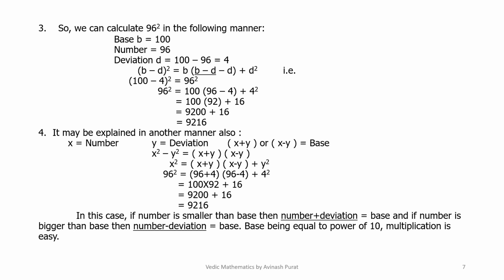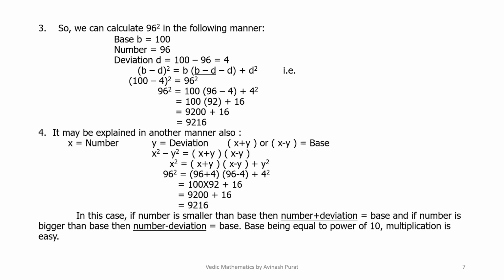It may be explained in another manner also. X is the number, y is the deviation, so x plus y or x minus y is the base. x² − y² equals (x + y) multiplied by (x − y). So x² equals (x + y) multiplied by (x − y) plus y².